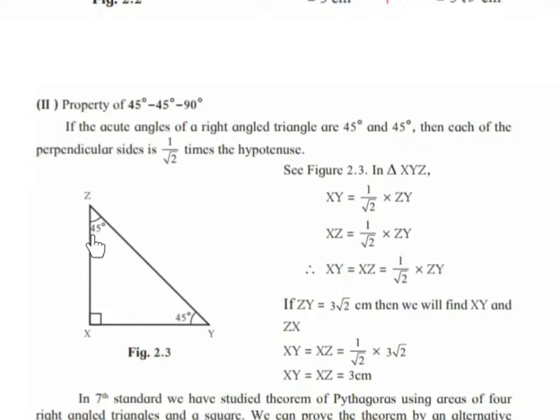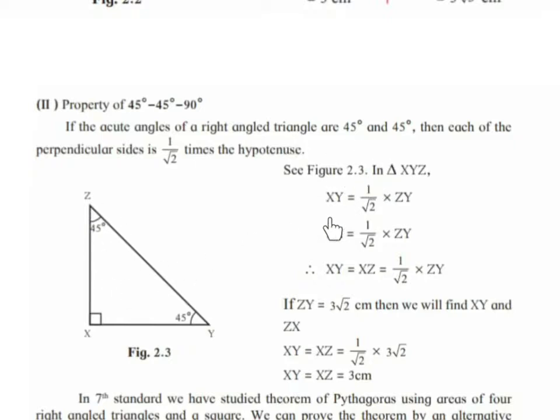So we know that the sides opposite to congruent angles are also congruent. So side XZ and side XY are both the same. Using this property, we are going to calculate the side opposite to 45°.